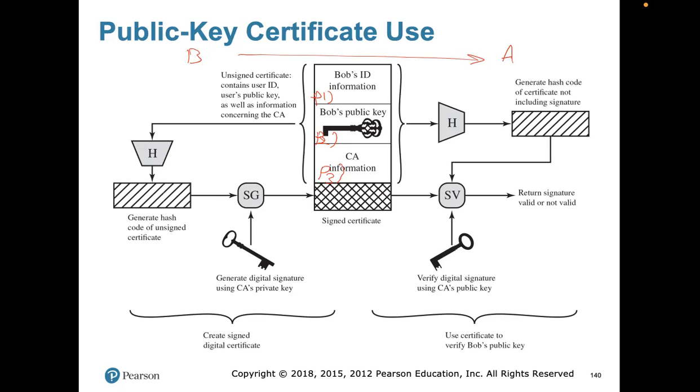These two will be provided from Bob to the CA, and the CA adds its own information, like an ID or something. This is not the signature. The CA takes the hash of these three parts, and the hash will be encrypted using the CA's private key.